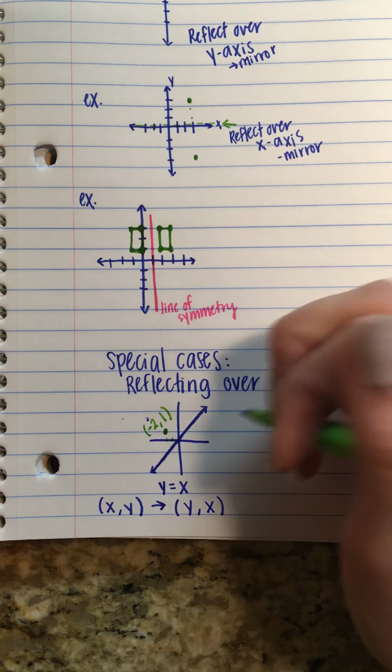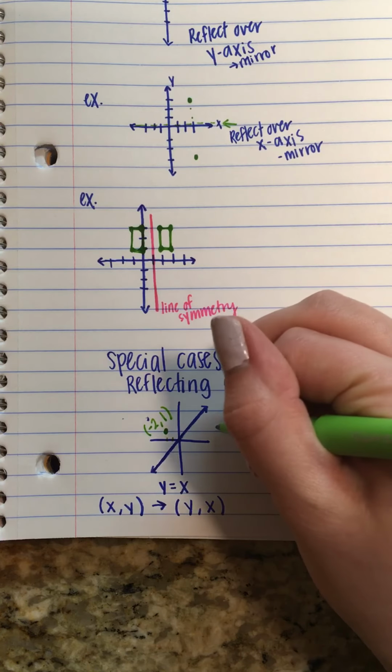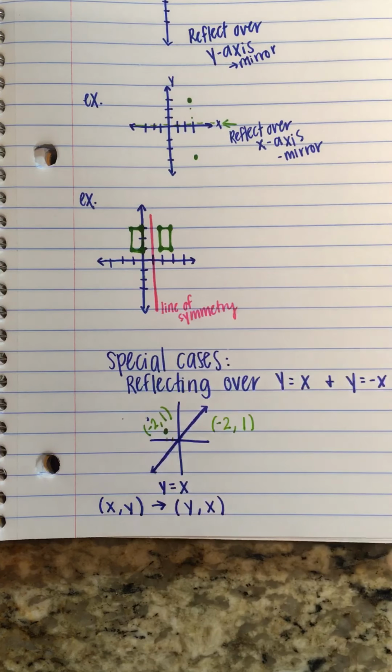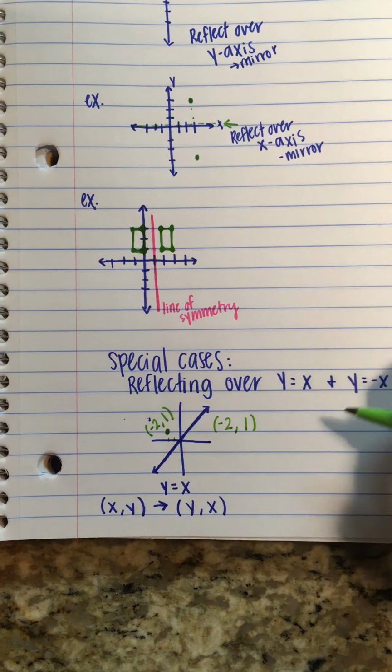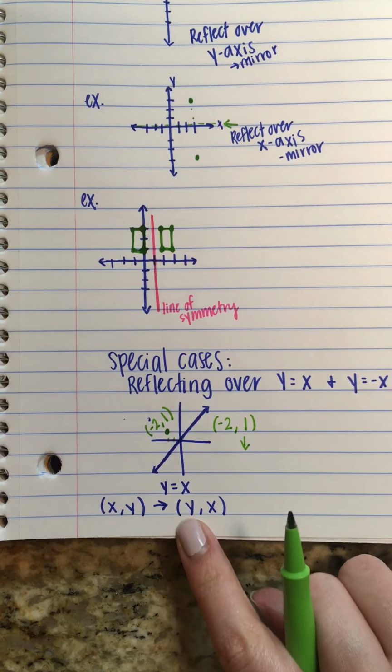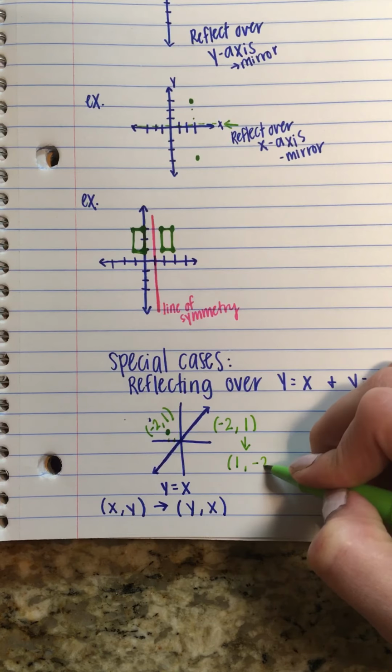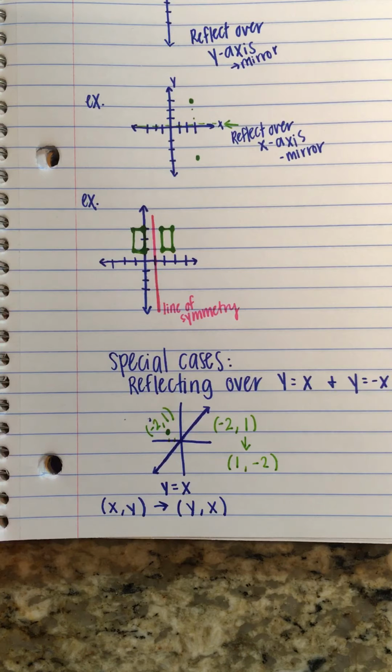Okay, so in this case, we started with -2, 1. That's the point that I was trying to reflect. So when I use this rule here, I'm just going to switch their spots. So my new point is 1, -2.